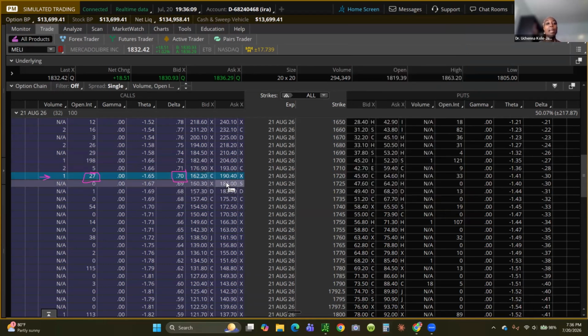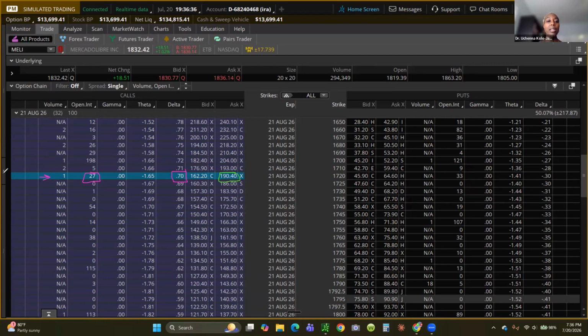What does this mean? That means if I get into this stock or this option, it's going to cost me $190.40, right? Times that by 100, because options control 100 shares.